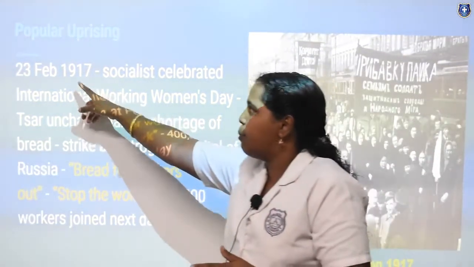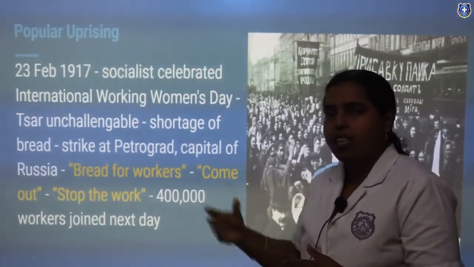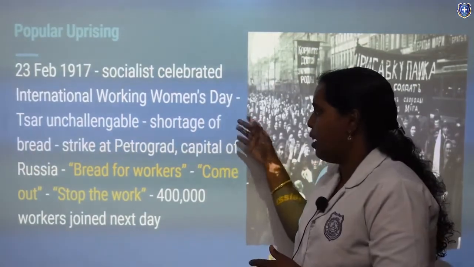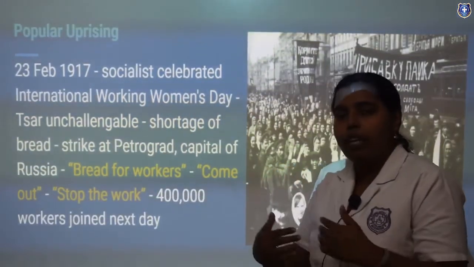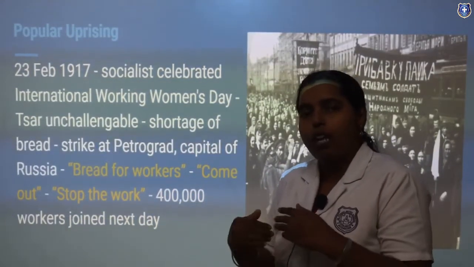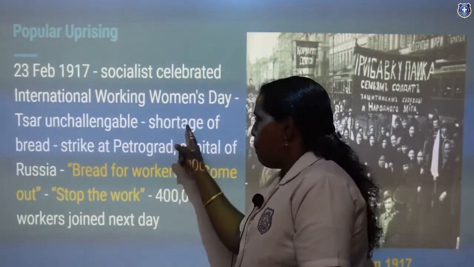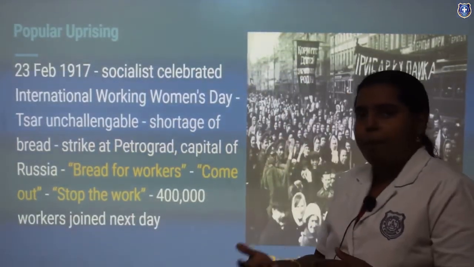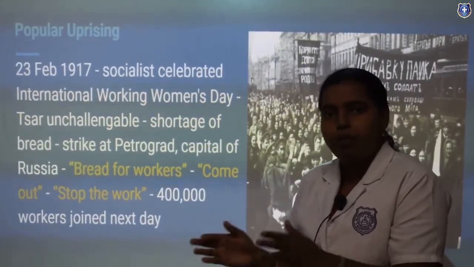So on 23rd February 1917, socialists were celebrating International Working Women's Day. The Tsar felt he was an unchallengeable ruler, that no one could stand against him. But he was not bringing proper reforms or solutions for the problems of the people.